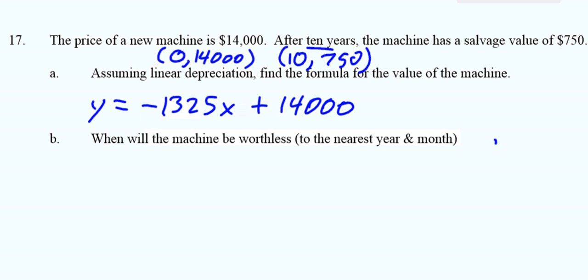Now, when will the machine be worthless? It should happen shortly after the 10 years, since the 10 years is when it has a salvage value of $750. So that means it's almost worthless if it's only $750. So to find when it's worthless, you want to know when the Y value is actually zero.